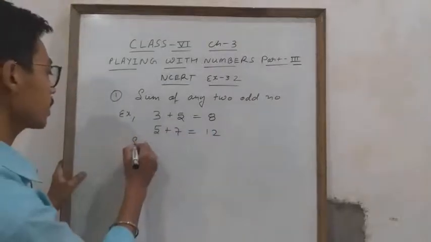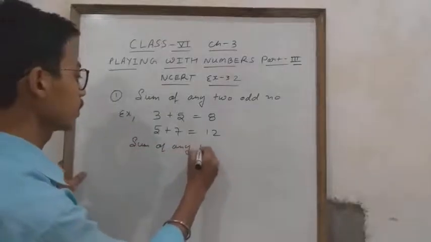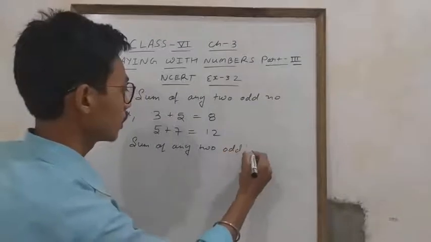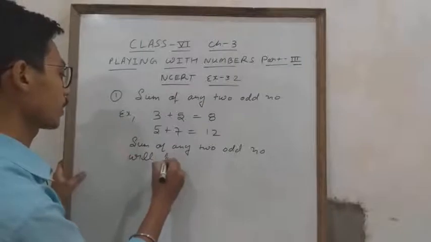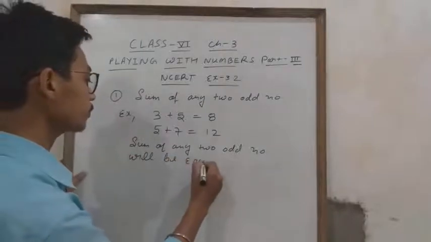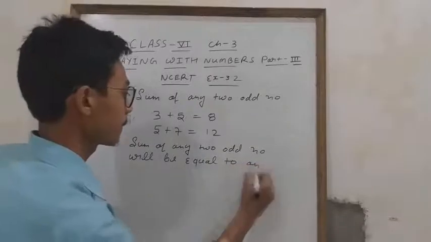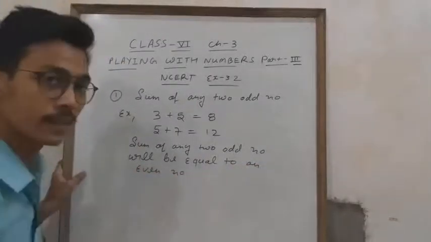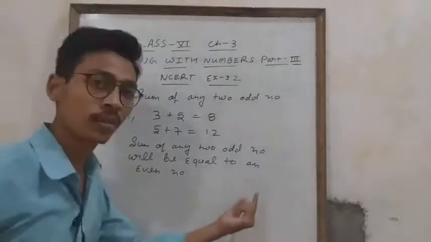So you will write: the sum of any two odd numbers will be equal to an even number. Is that clear, everyone? So this is about odd numbers.